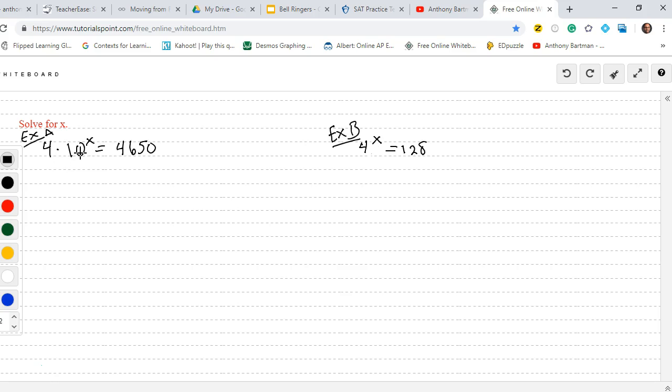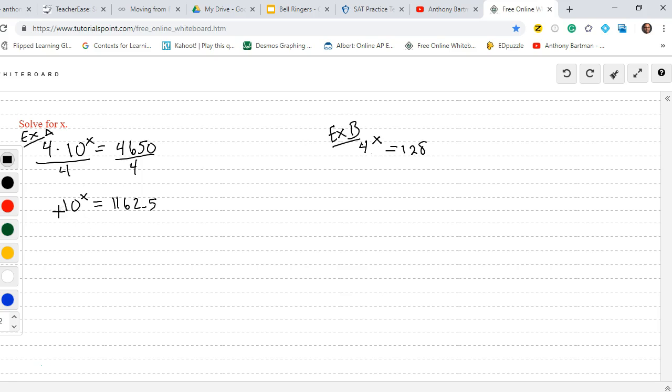It's in the exponent, and what we learned today in 5.6 is that we can rewrite exponents as logs. But first, I'm going to divide by 4 and divide this by 4. So then I end up with 10 to the x equals 4650 divided by 4 is 1162.5.